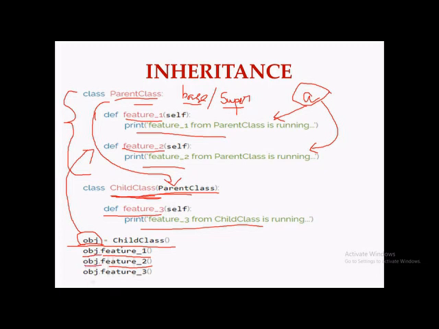This is possible in inheritance, that by using the object of the derived class we can access the functions and variables of the parent class. So this is the example program for simple inheritance, which is one of the types of inheritance.